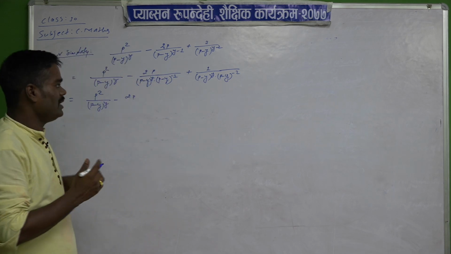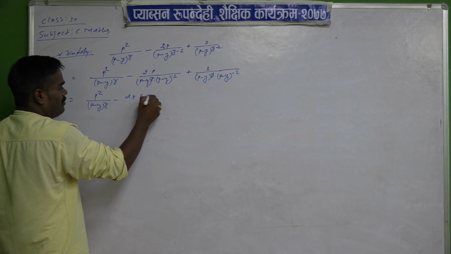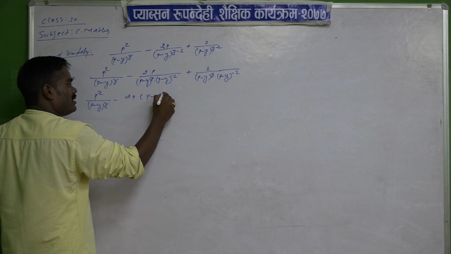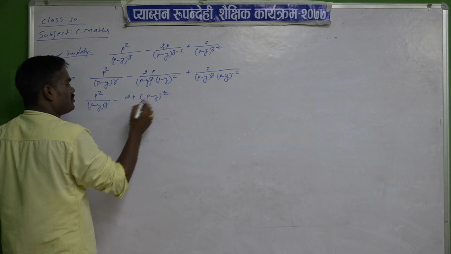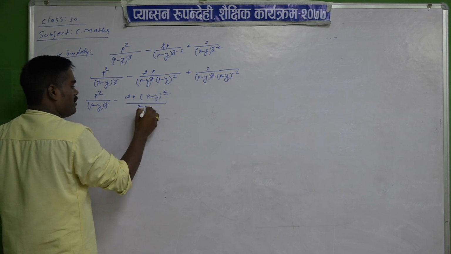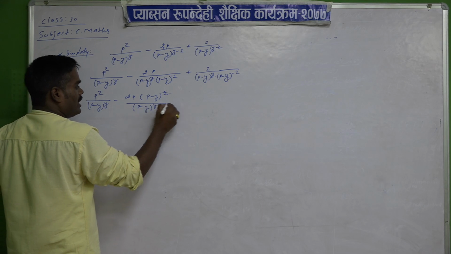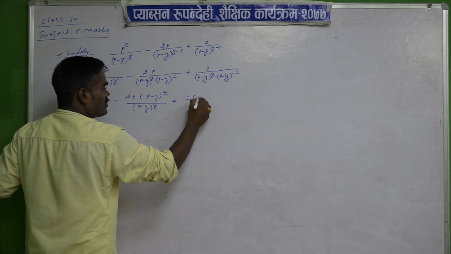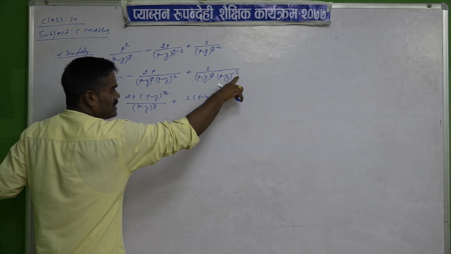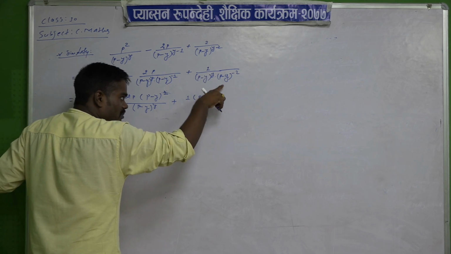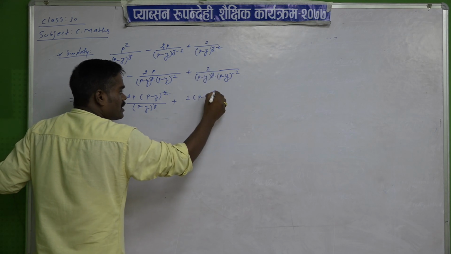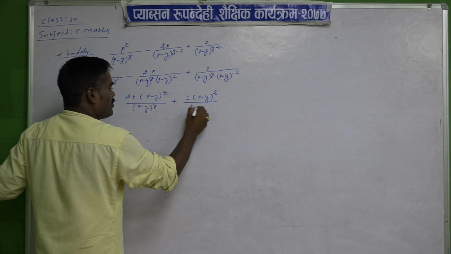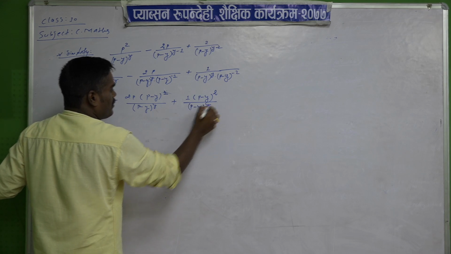So it became (p − y) power plus 1, (p − y)^y plus, here also you have to take this. So p power y, what is here? Minus 2. While taking from denominator to numerator, minus power should become plus, (p − y)^y.